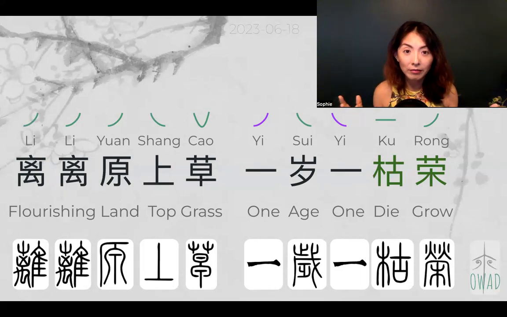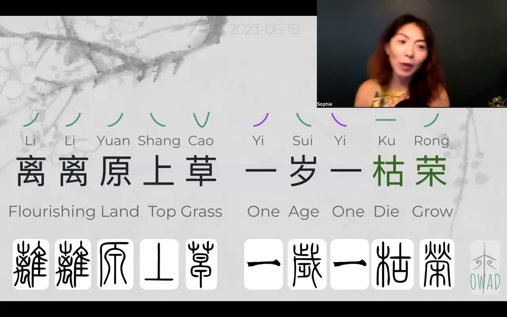In one year, the grass comes and goes. But people, we can kind of relate, we're not just one year, game over. We do multiple years, but still we have a lifespan. So that kind of gives us a sense of the rhythm of life.